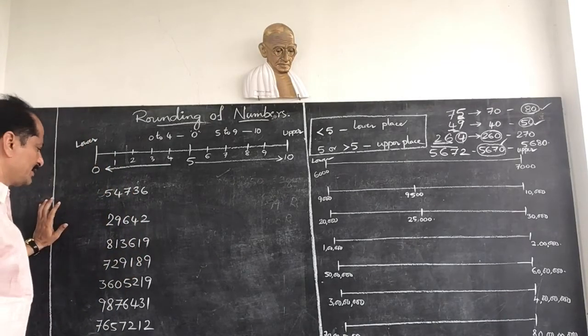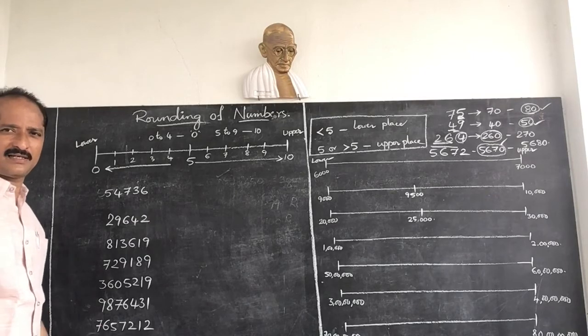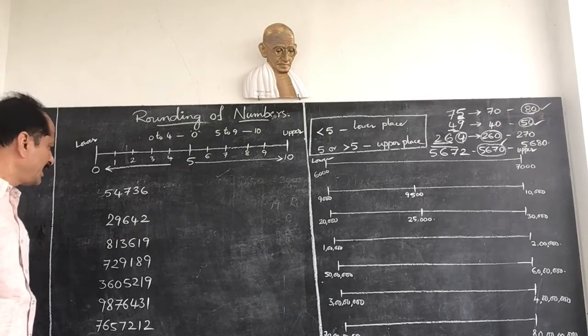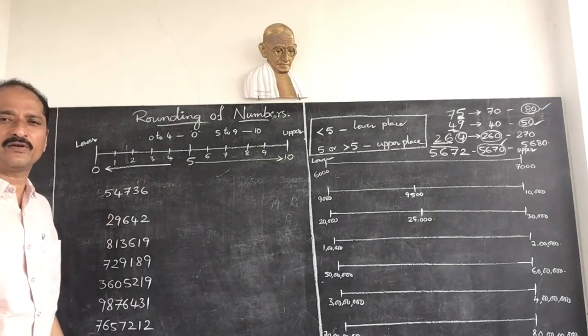For example, these numbers: how can you round them off, and to which places should they be rounded off?